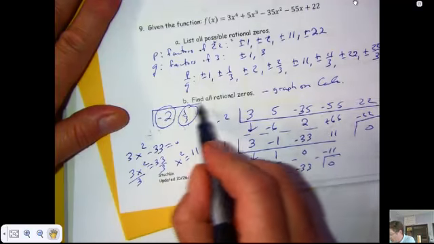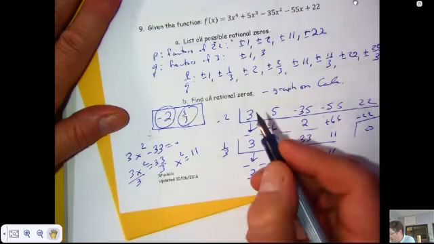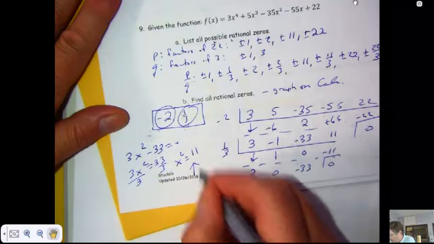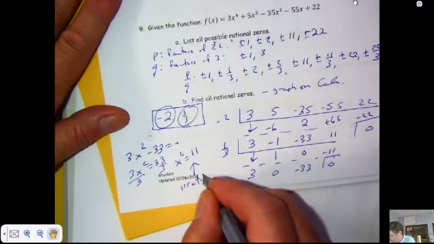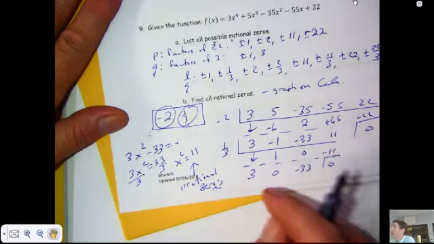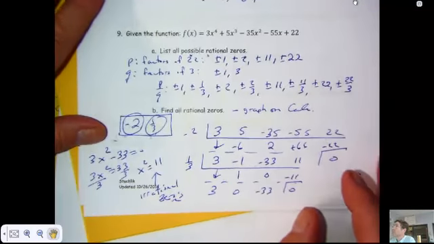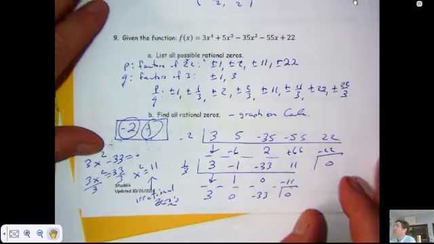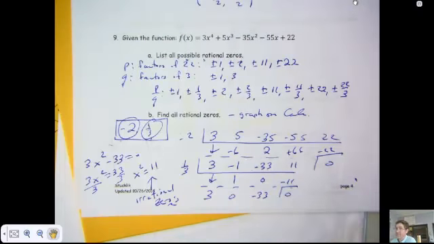There's only negative 2 and a third. These would be irrational, so we don't need to find them. If you called them rational, yes. So by definition, I wanted rational, not irrational.